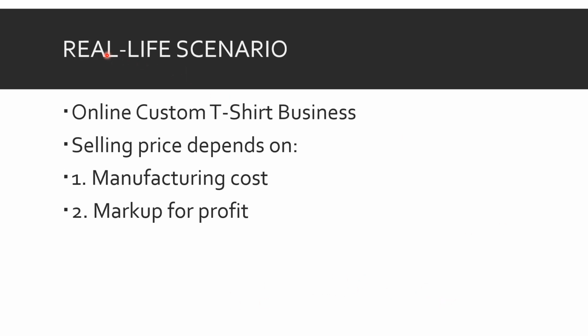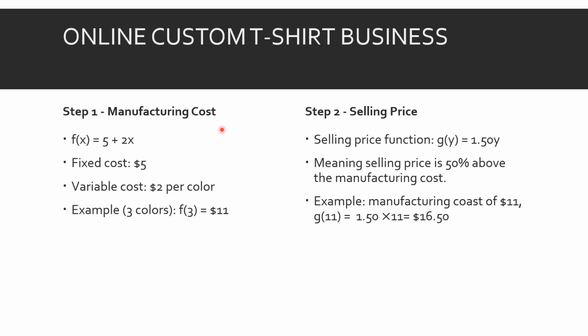We can also attribute this to a real life scenario. Let's talk about an online customer t-shirt business. The selling price depends on one, the manufacturing cost, and two, the markup for profit. It means we can mark up the shirt for profit. So step one, the manufacturing cost, is in the form of a function modeled as f of x equal to 5 plus 2x, where the fixed cost is 5 dollars.